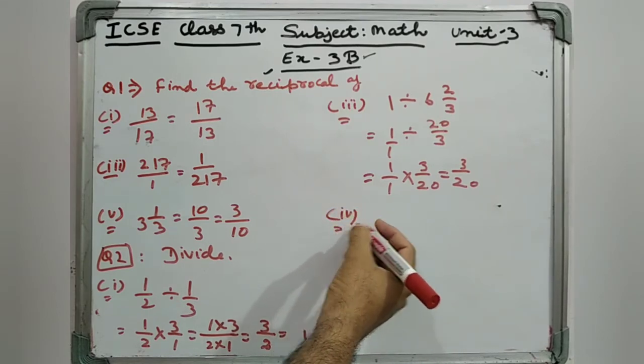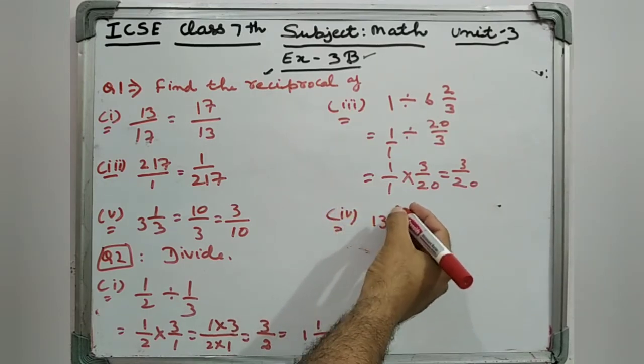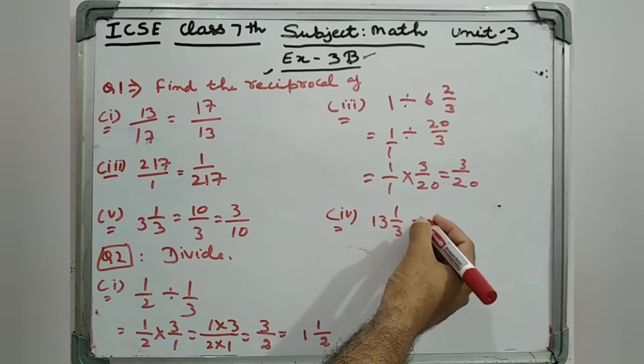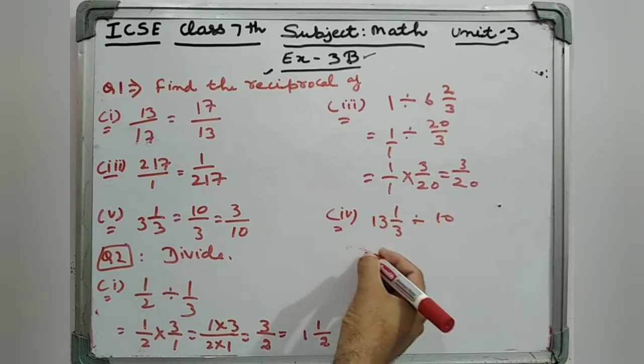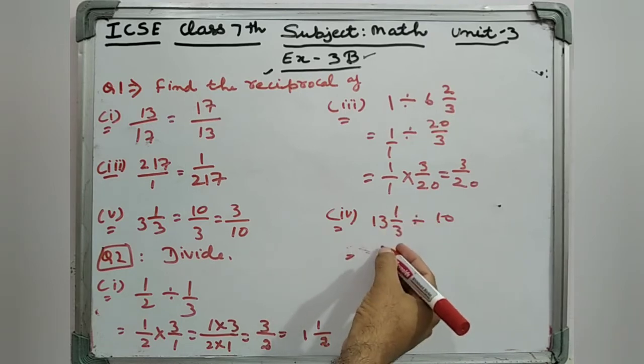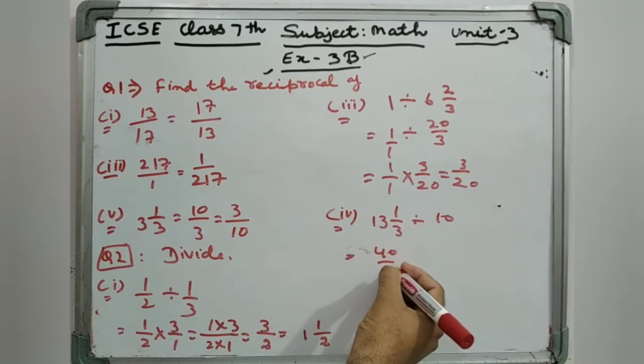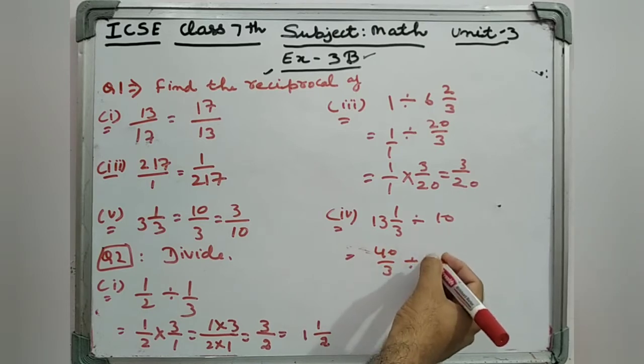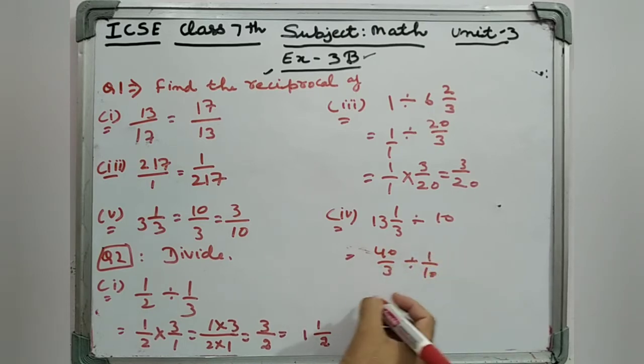Part 4 is 13 1 by 3 divided by 10. 13 threes are 39, 39 plus 1, 40 upon 3 divided by 1 upon 10. Reciprocal.